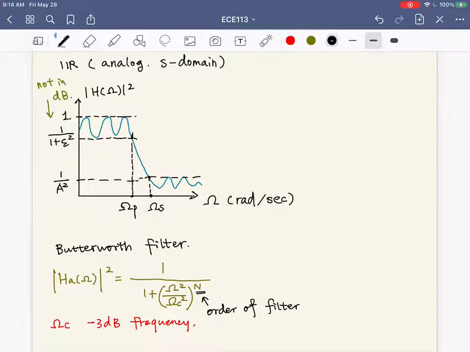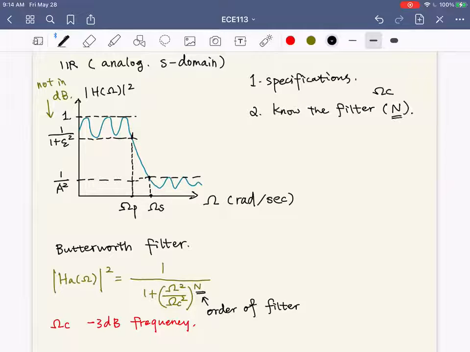So the situation is usually that we have some specification, and then we want to know the necessary parameters of the filter so we can determine it. For the IIR and for the Butterworth filter, it's n. The omega c is usually given, so the n basically determines its characteristics.